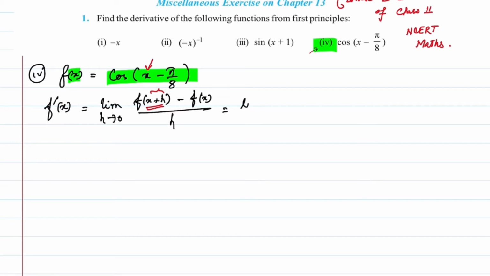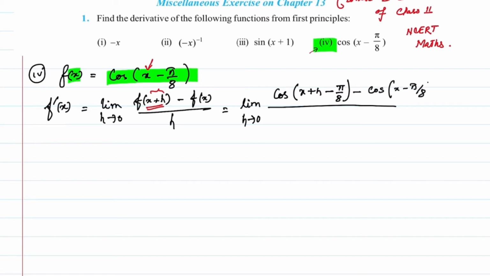Okay, so then it will be equal to limit h tends to 0, cos of x plus h minus pi by 8, minus f of x. F of x is already given, that is cos x minus pi by 8, divided by h.